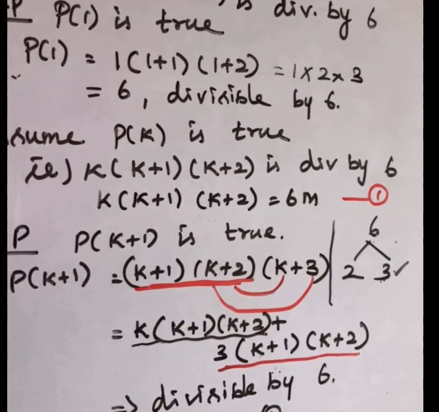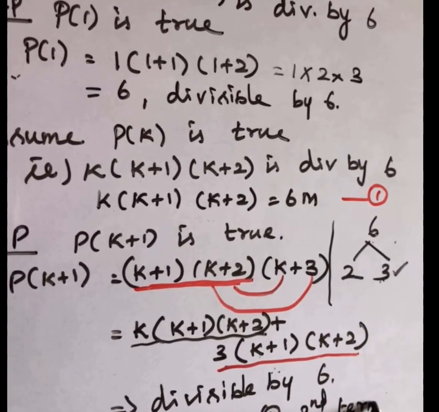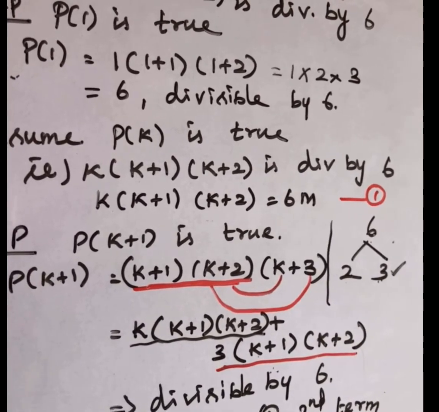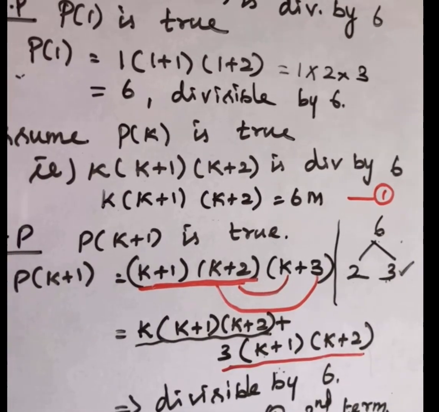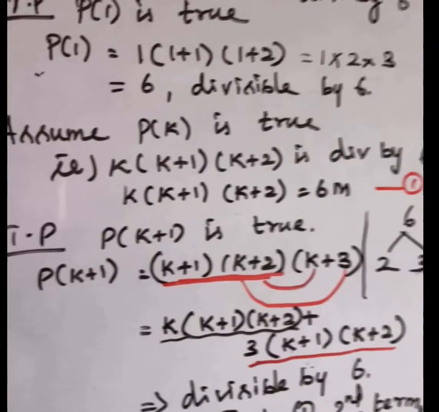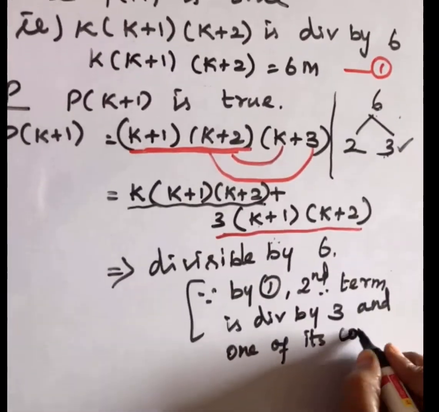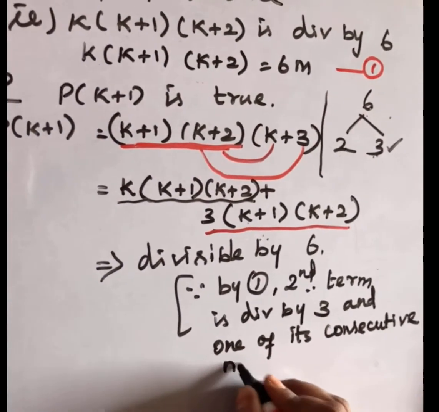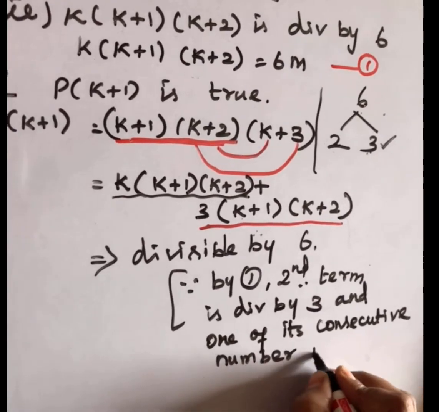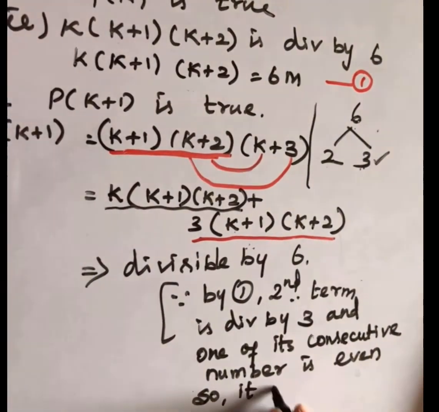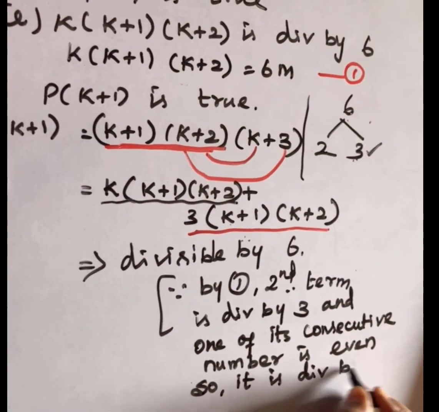What about the second term? It is divisible by 3, and one of its consecutive numbers is even, so it is divisible by 2 also.